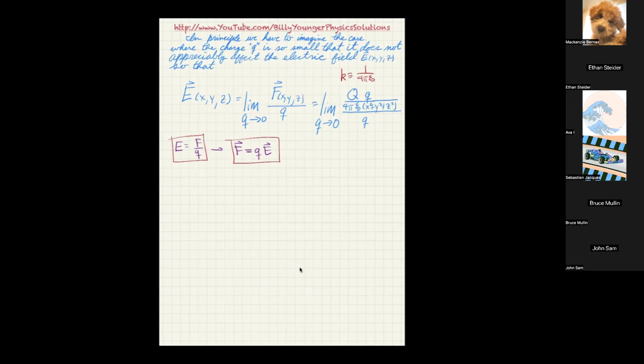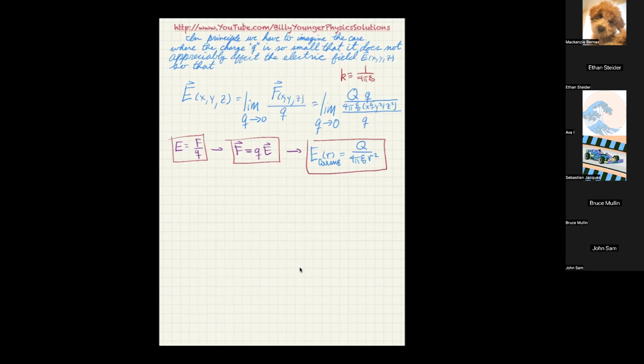And from this, we get the electric field according to Coulomb's law. Electric field Coulomb is equal to Q over 4 pi epsilon naught R squared. And this is E of R, where R is some distance away from the charge Q. So now I have a general formula for the electric field.